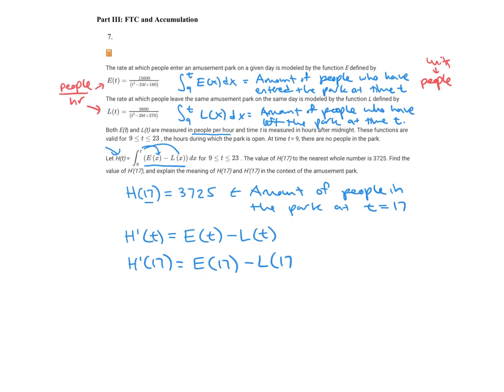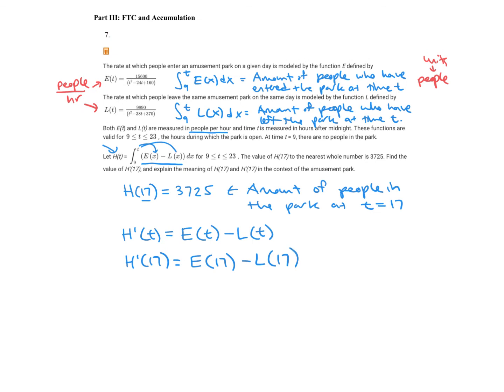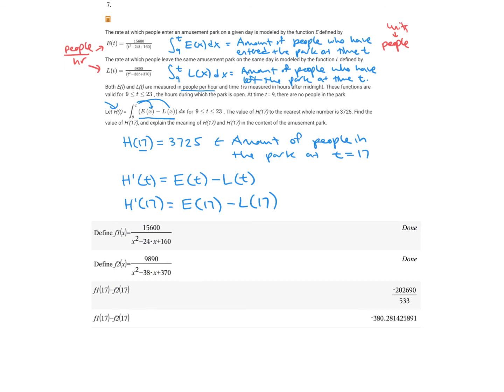At this point, since this is a calculator problem, we would want to define our functions in the calculator, and I'll show you what that should look like. If you're using a TI Inspire, I recommend that you define your two functions. This was E of t, and this was L of t.